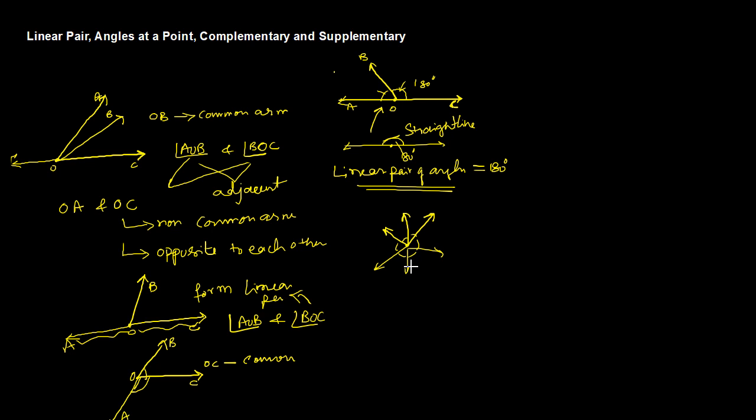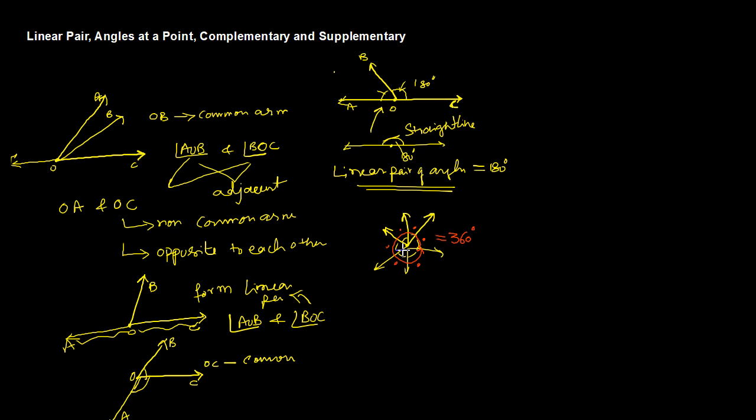But the condition with this is, if I start from any ray and go one full circle coming back to that, I count that angle, that angle, that angle, and add all of them, the angle at that point is going to give me 360 degrees.